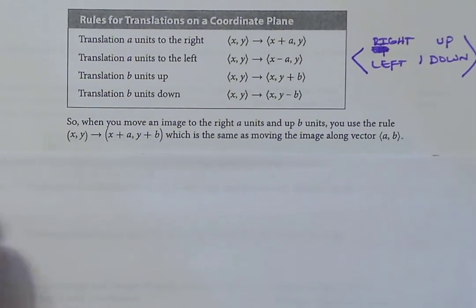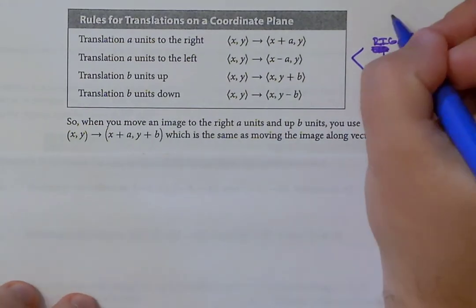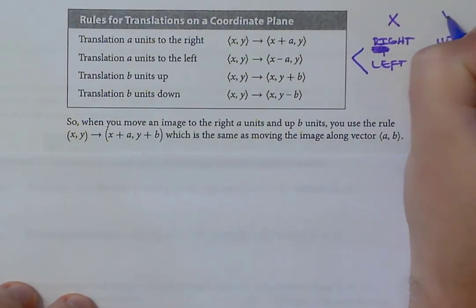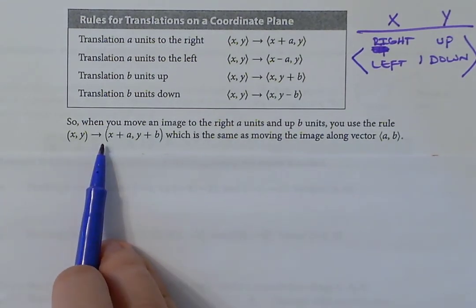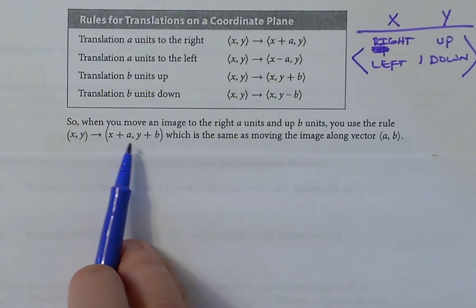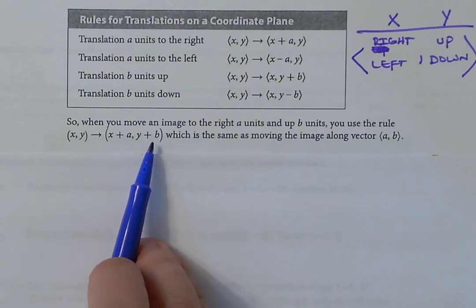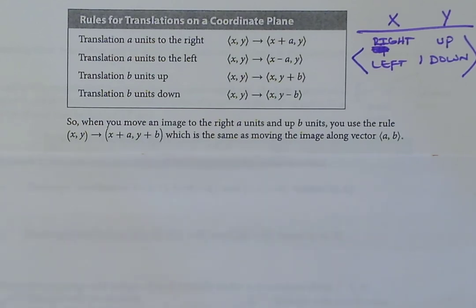So right or left and then up or down: x is right or left, y is up or down. So you'll see x comma y goes to x plus or minus a, comma y plus or minus b. And that's going to tell you which way you need to move it.